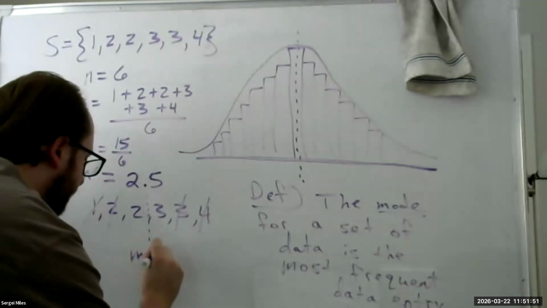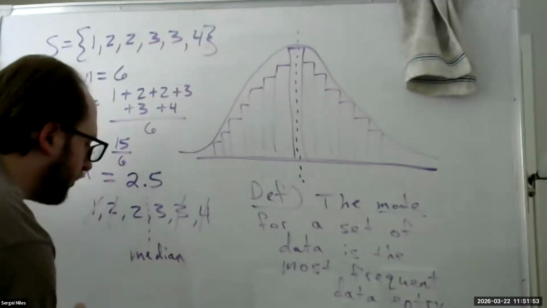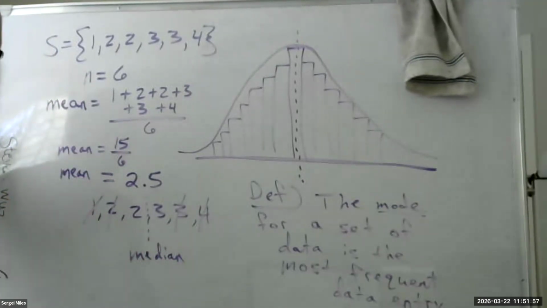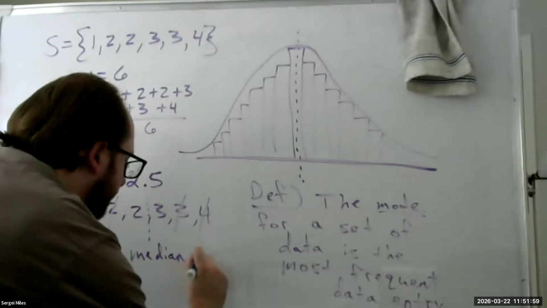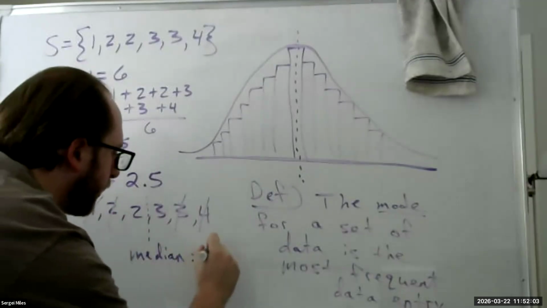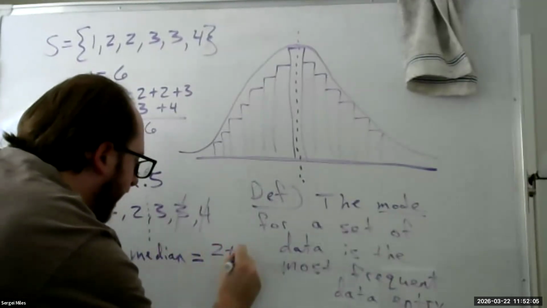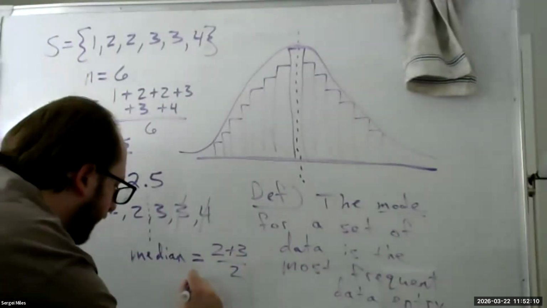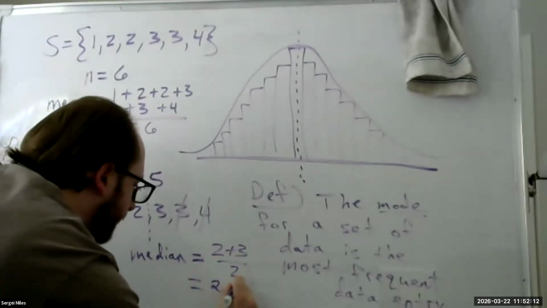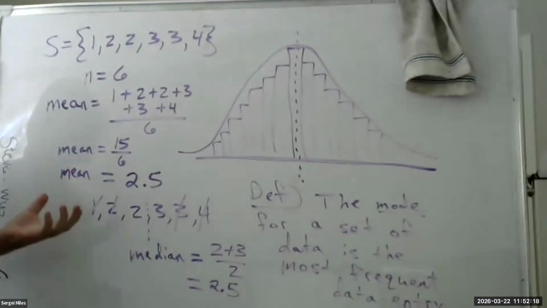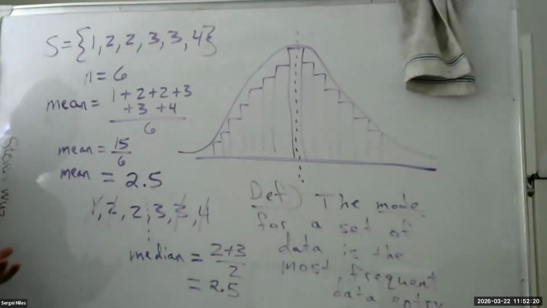If the median is supposed to be exactly between 2 and 3, you can already guess that it should be 2.5. But in terms of a calculation, finding the exact middle between two numbers is the same thing as averaging those two numbers. So 2 plus 3 is 5, divided by 2, and we get a median of 2.5. Okay, so this gives us 3 ways of trying to determine a central tendency.